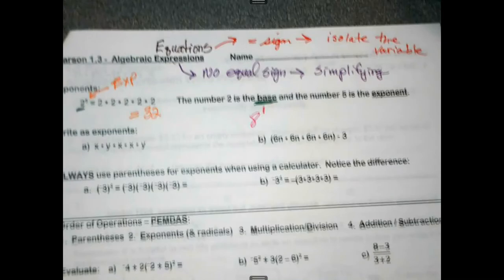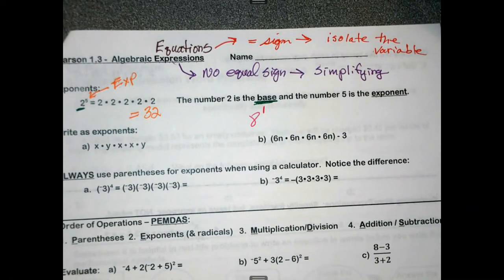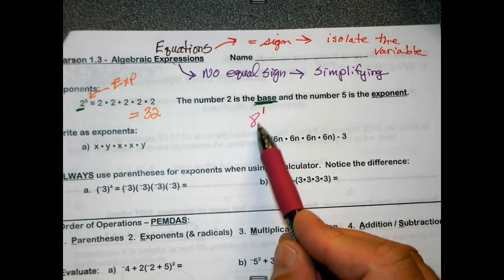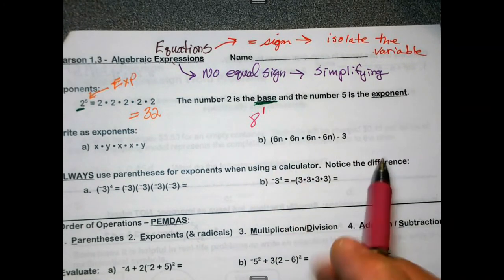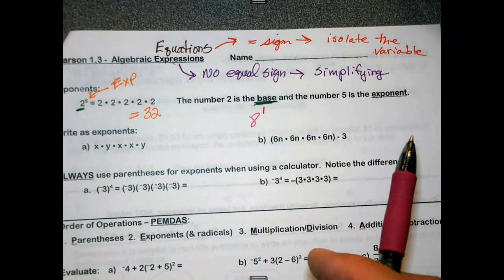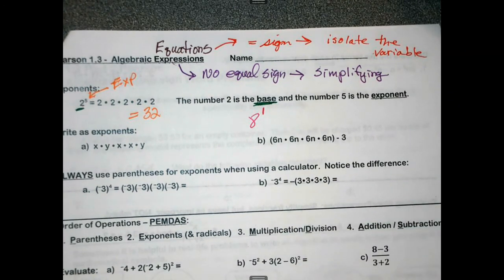So if you really want to get technical, every number is a power. But we can't sit there and say, I want 8 to the first cents. We say 8 cents. We just don't use that power of one in real life. But technically, every number's a power.